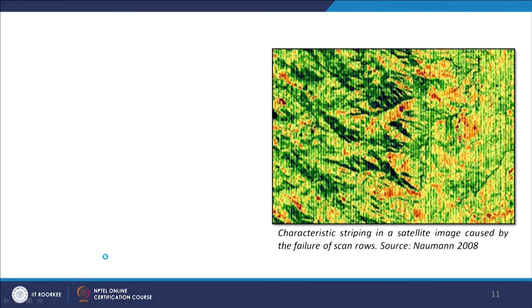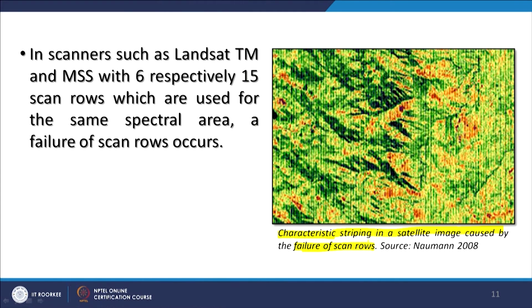Here I take an example of Landsat images where we are seeing these stripes. If you look carefully, there are vertical lines, and obviously this is because of the failure of scan rows, and also different responses by CCDs.